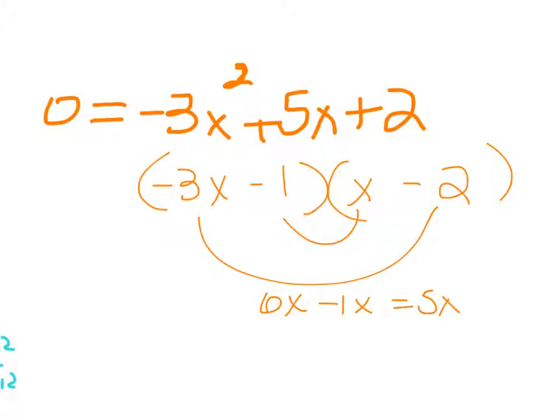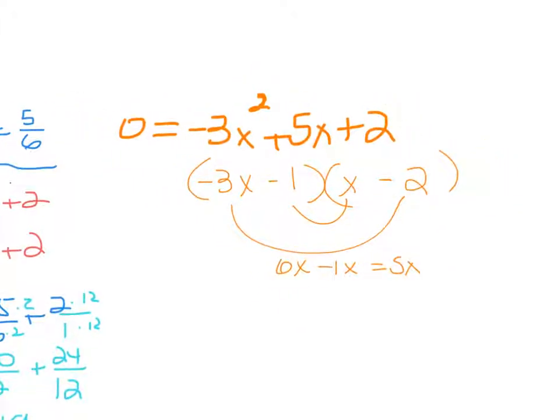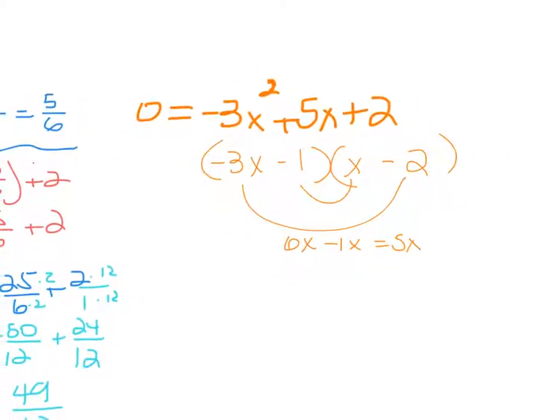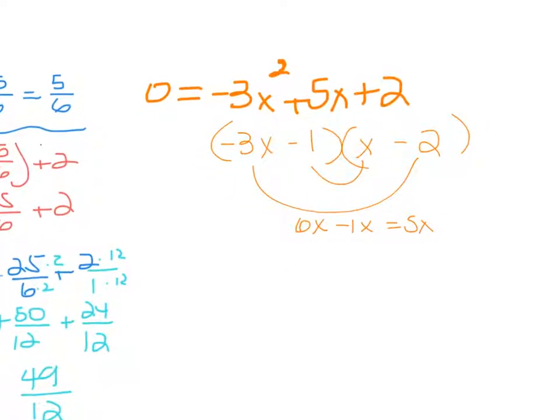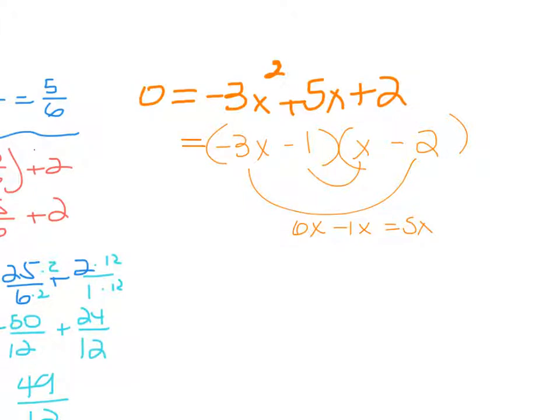If it was not factorable, then I would use the quadratic formula, which again, I'll review at the end of the video when we get to the zeros. So now that it's factored, I set these each equal to 0. I'd get negative 3x equals 1, and x equals negative 1/3, and x equals 2.